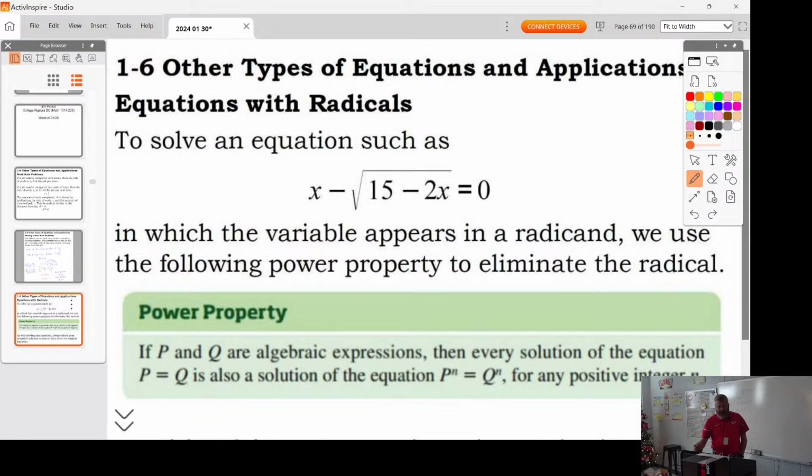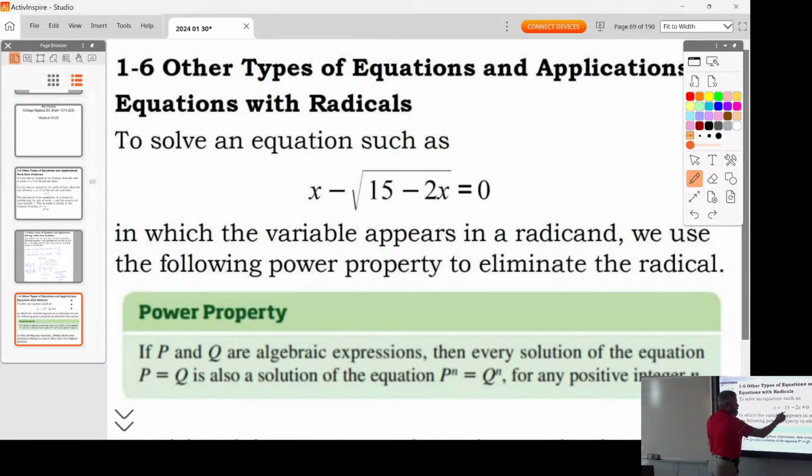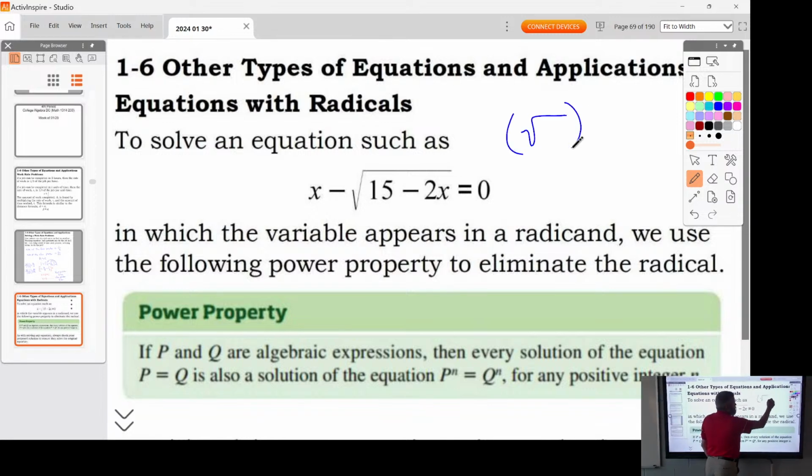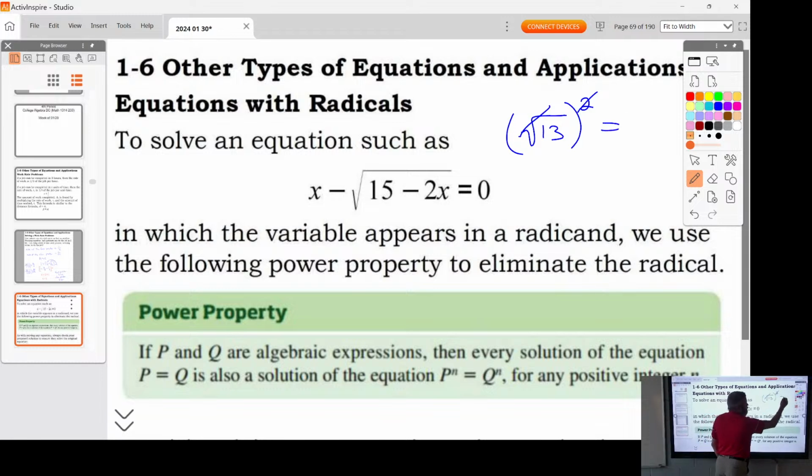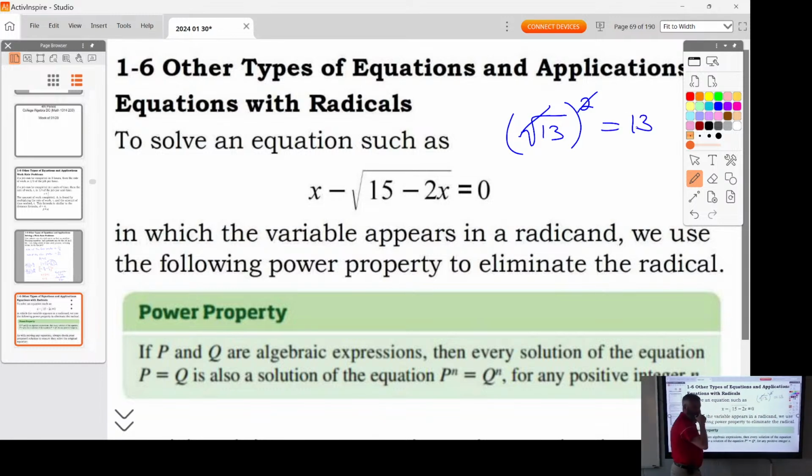To get rid of the radical, what's the opposite of square root? Okay, yeah, the opposite of square root is square. So if I squared the square root of, say, 13, the square cancels the radical, leaving me with 13.